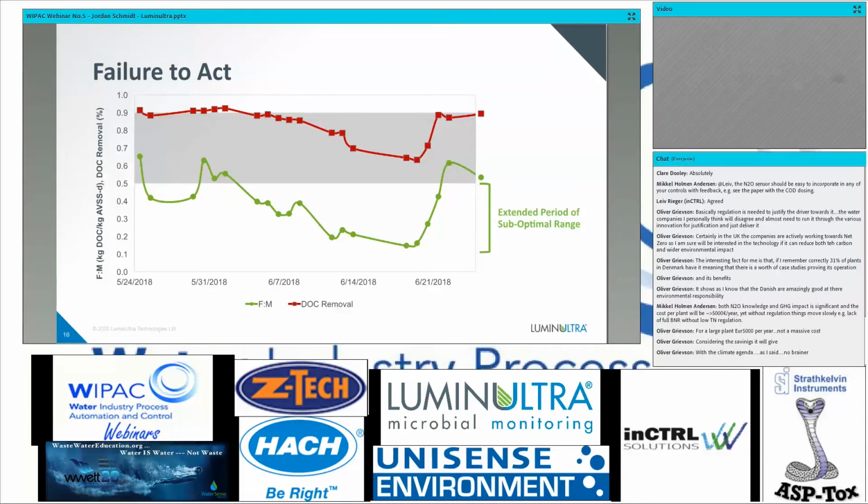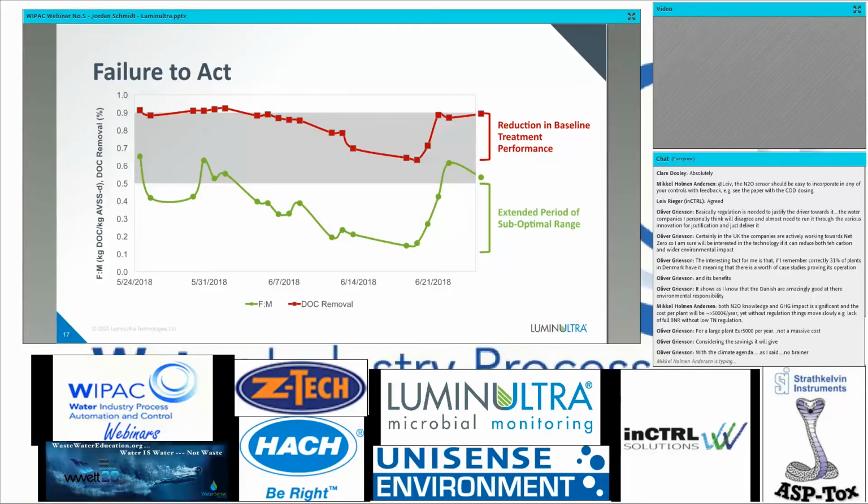So we had a very extended period of suboptimal F2M. It ranged from the start of June through basically the end of June. It was almost an entire month long. That also resulted in a reduction in baseline treatment performance.